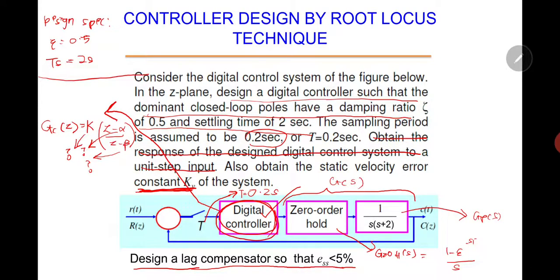To design this controller, there are several steps. The first step is to get the desired dominant pole. To get the desired dominant pole, there is a specific equation for the pole z that we need to look for. The magnitude of z is e to the power negative T, the sampling time just now, multiplied by zeta and omega n.